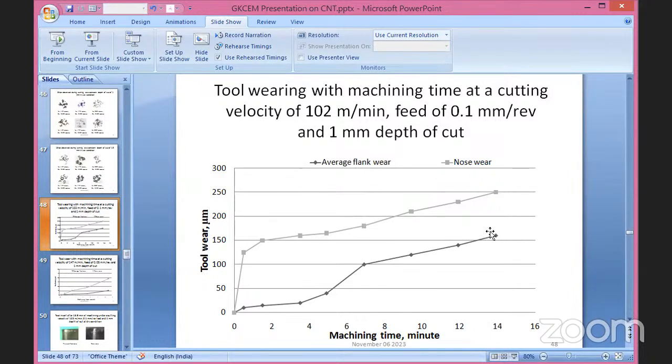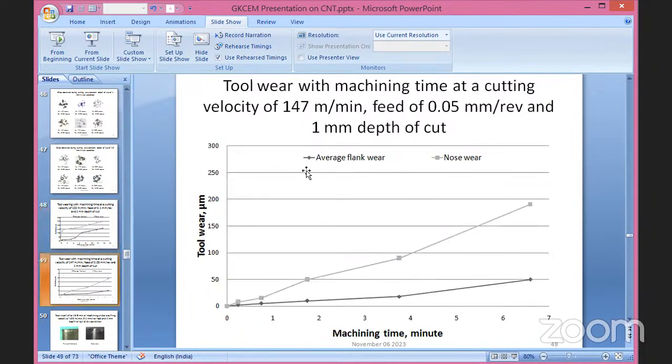So 300 micron is far, and we can continue further with this cutting tool insert. Nose wear is somewhat more, but average flank wear, which we call VB, is the most important cutting tool wear feature, and it should be restricted to 300 micron maximum.